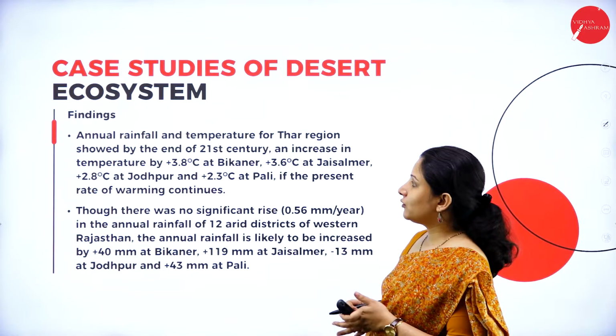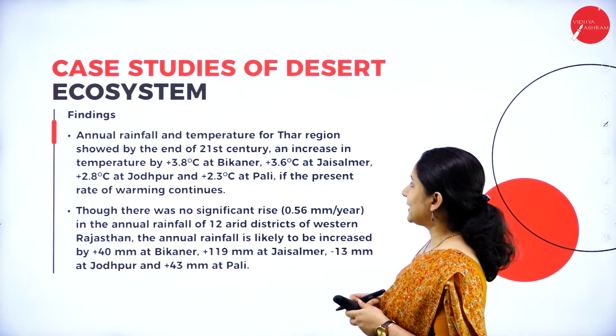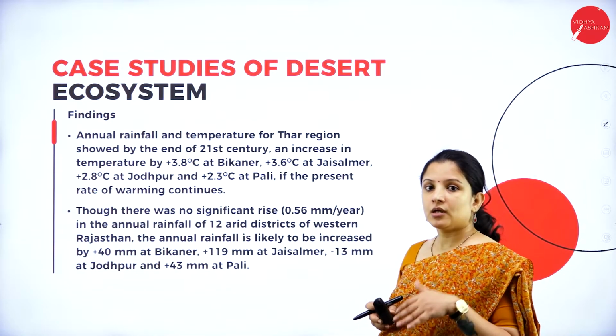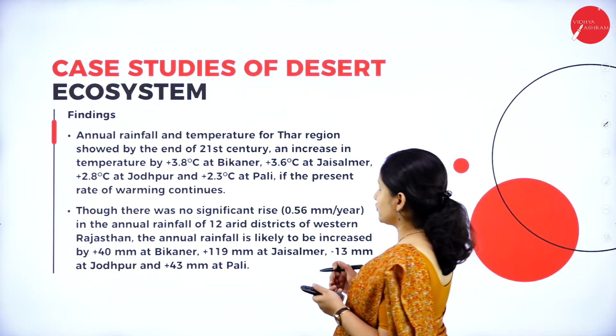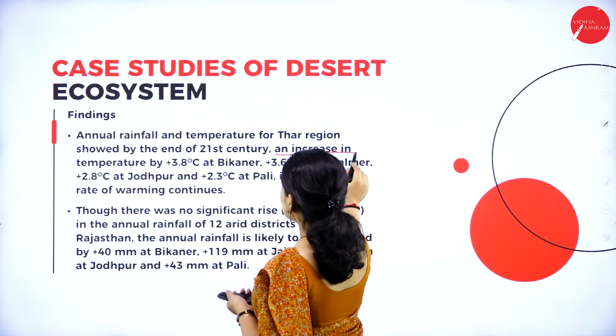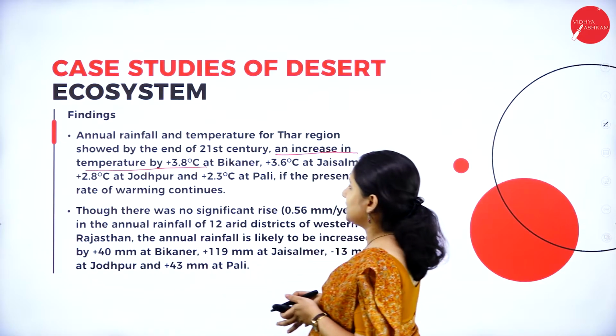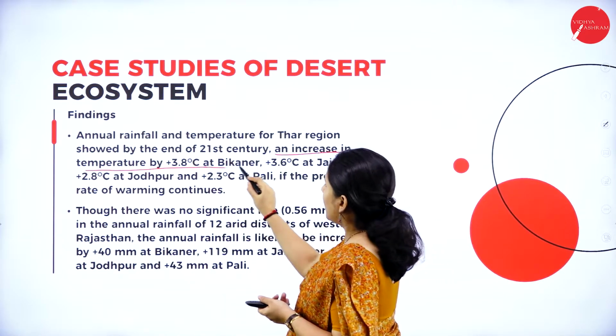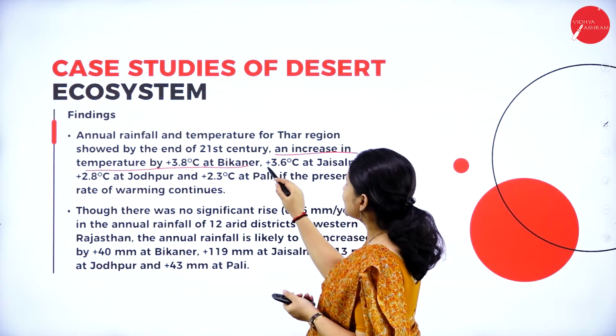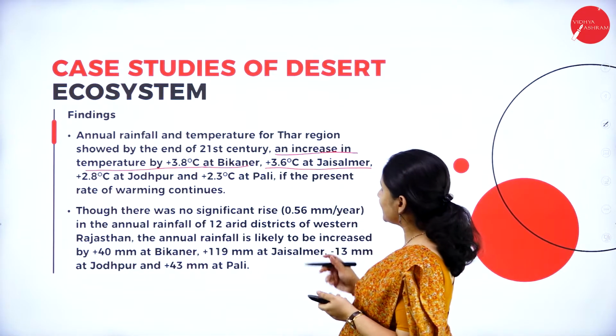What they found was that annual rainfall and temperature for the Thar region at the end of the 21st century showed an increase in temperature by 3.8 degrees Celsius at Bikaner, and a 3.6 degrees Celsius increase at Jaisalmer.